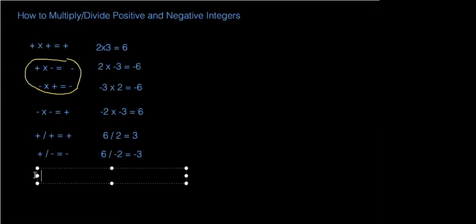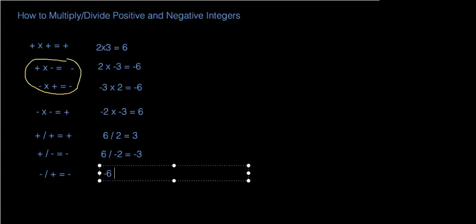So what if I switch the order and I do negative divided by a positive? That's also going to be negative. So an example here might be, what if we do negative 6 divided by positive 2? That's going to give us a negative number, which happens to be negative 3. So I think we have one more.